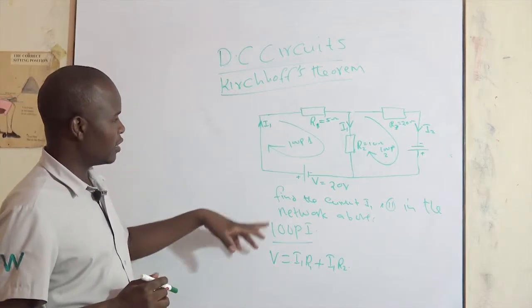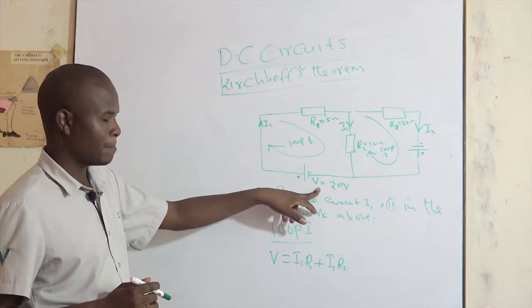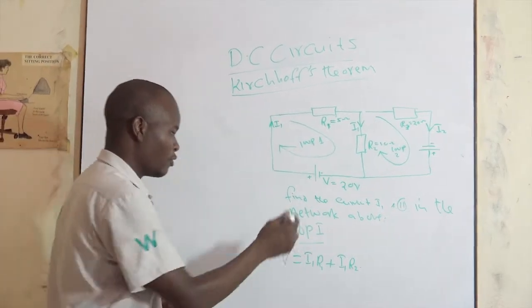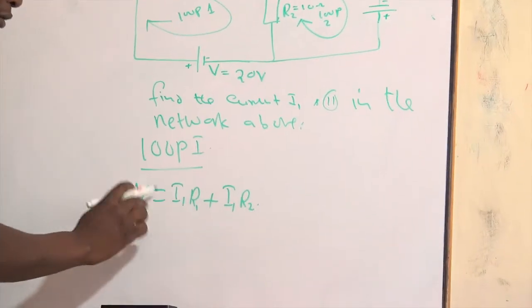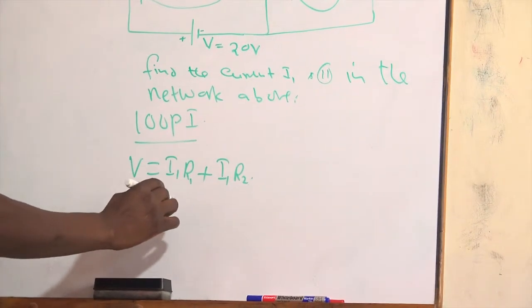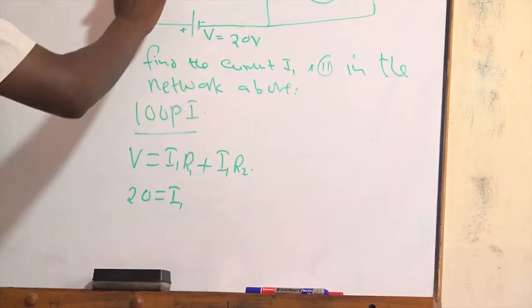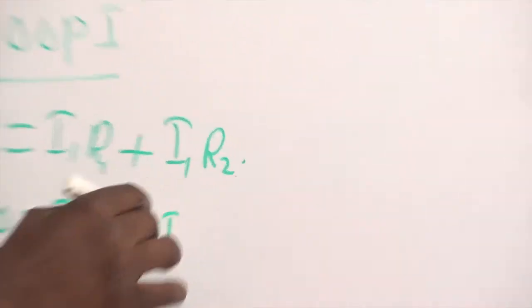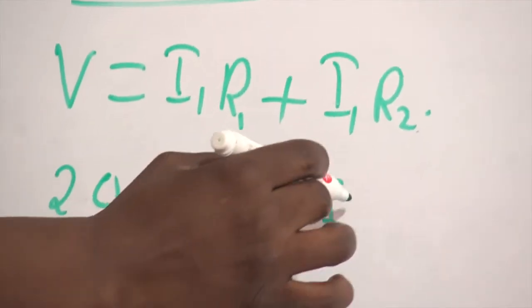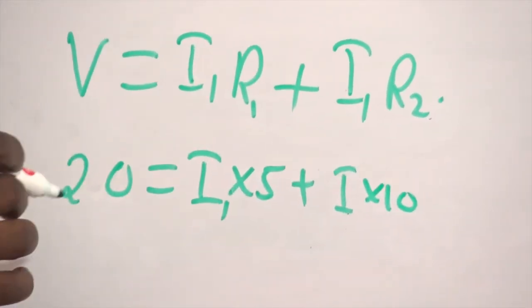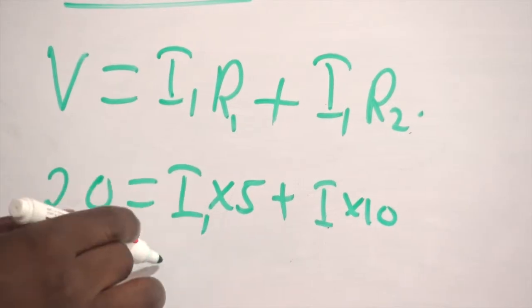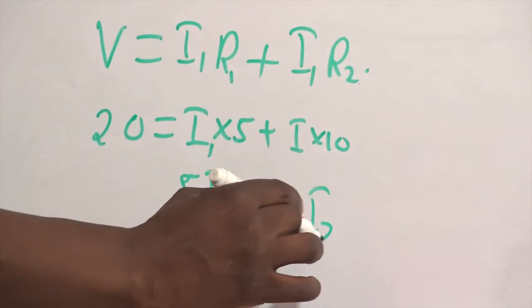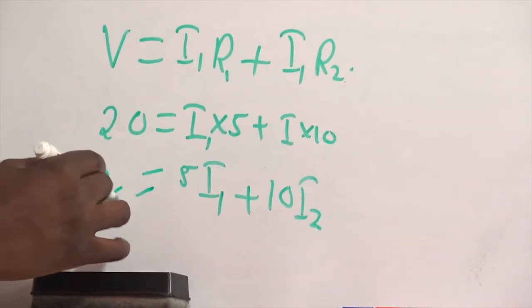So V, R1 and R2 are given. If you substitute the values, V is 20, I1 is not known, R1 is 5, whereas R2 is 10. So we have 5 I1 plus 10 I1 equals 20.